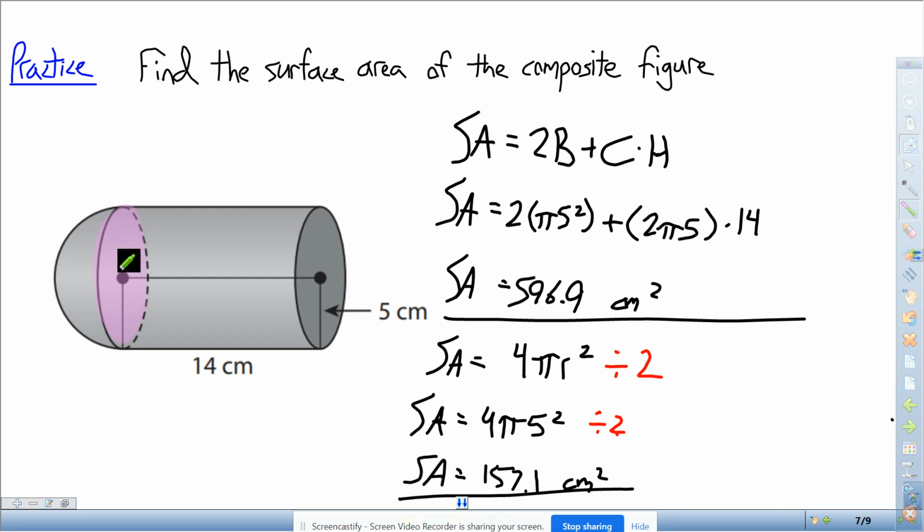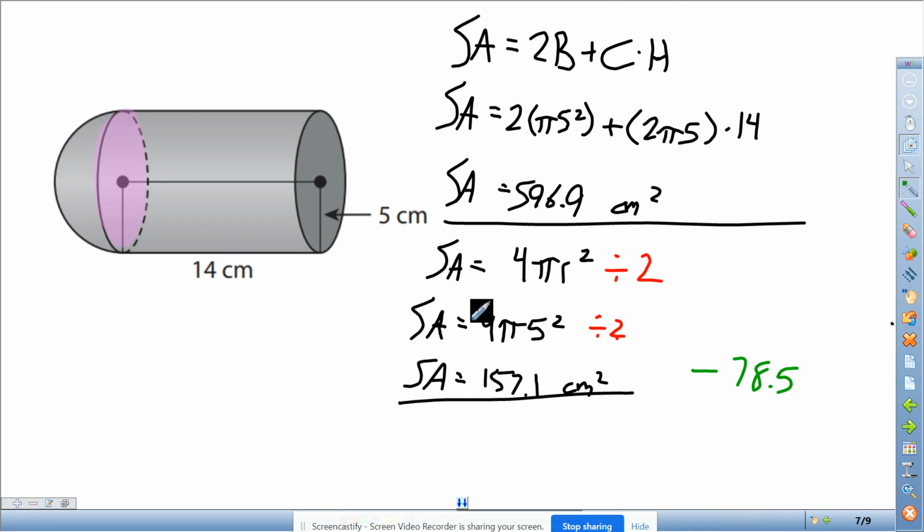So what I want to do is get rid of the area of the circle here. After I add these together, I would then subtract the area of this circle, pi r squared, and r is 5. So pi 5 squared gives me 78.53, so 78.5. That's actually going to give me the answer. So let's see what we get.